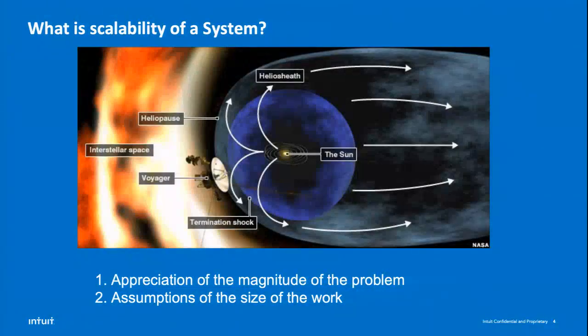It does not really convey the size of the problem we're talking about here. If you look at these nice colors here, this is interstellar, which is outside of our solar system. It may be somewhere in the galaxy. So this is a Voyager satellite.